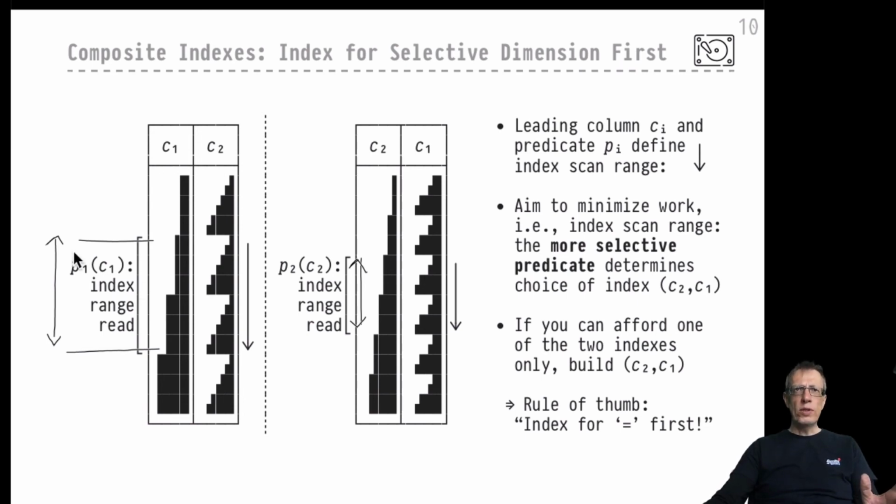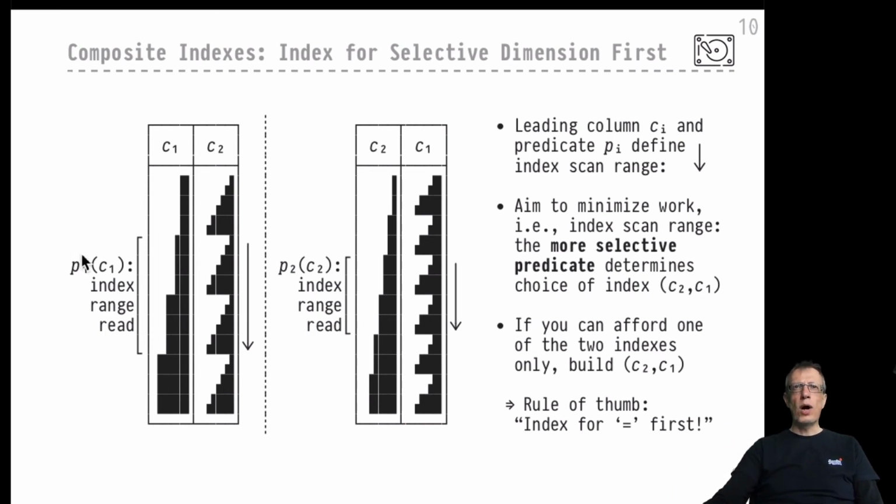The width of the scan range actually defines the amount of work we have to do while we perform an index scan. The longer the scan range, the more index sequence set pages we have to visit, and the more pointer dereferences, RID dereferences into the heap file we have to pursue.